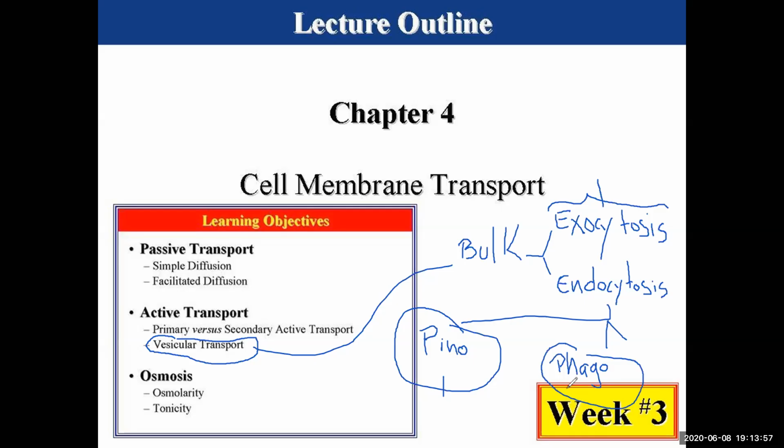When the cell is importing, for example, the entire bacterium, the entire bacterial cell, like a macrophage when it eats up the entire bacterial cell, it relies on phagocytosis. When the cell brings in, for example, a viral particle or a virus, that's through phagocytosis, cell eating. So in both cases, we are talking about a humongous cargo.